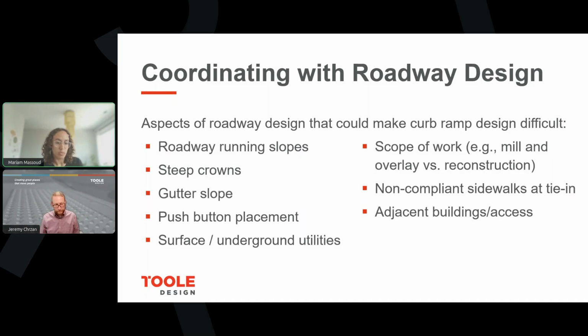The scope of work, so mill and overlay versus a full reconstruction. Non-compliant sidewalks at the tie-in points can make curb ramp construction a bit more complicated. And then adjacent buildings and access, like we saw in that example with the building on the corner in Minnesota.